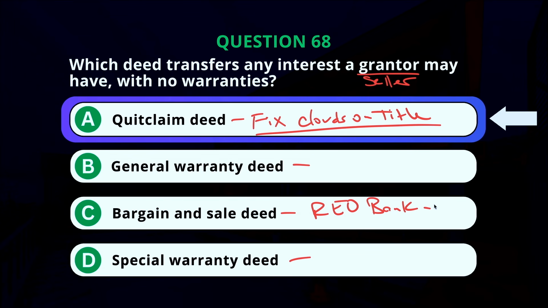In my state, it's the special warranty deed. In other states, it's the general warranty deed. And then we do quitclaim deeds when we're trying to fix little clouds on title from spouse to spouse, husband and wife. And when we're fixing things from, say, a tenancy in common to a joint tenancy, however we're titling, we will many times use the quitclaim deed to do that.